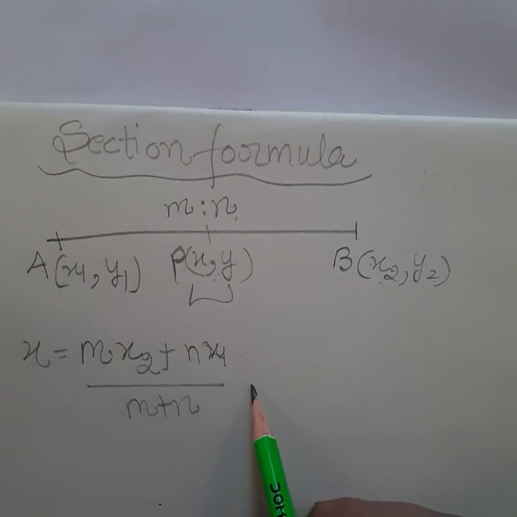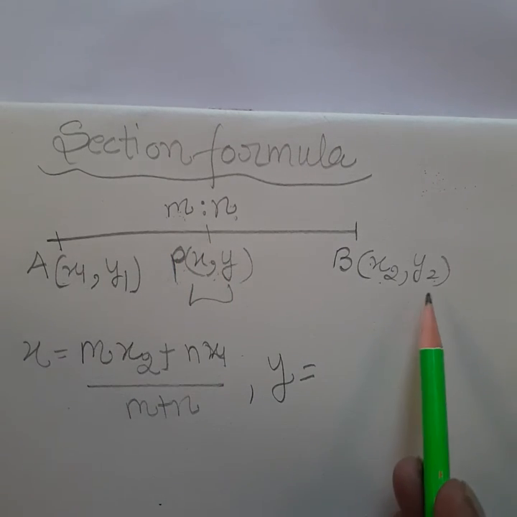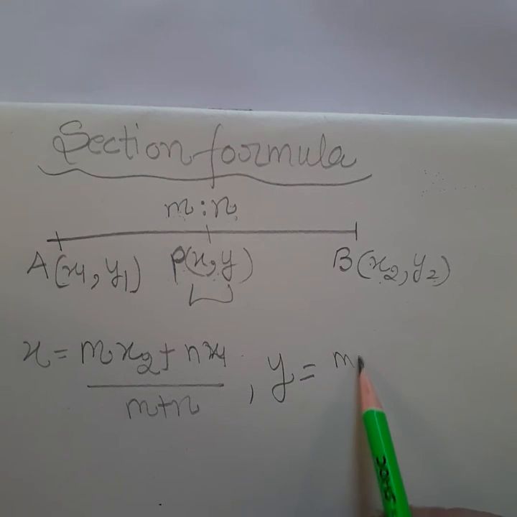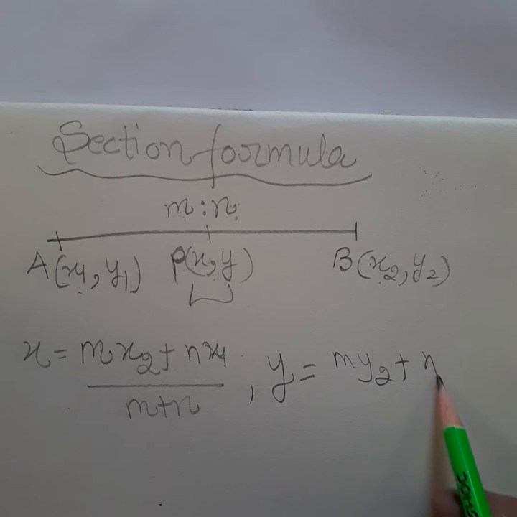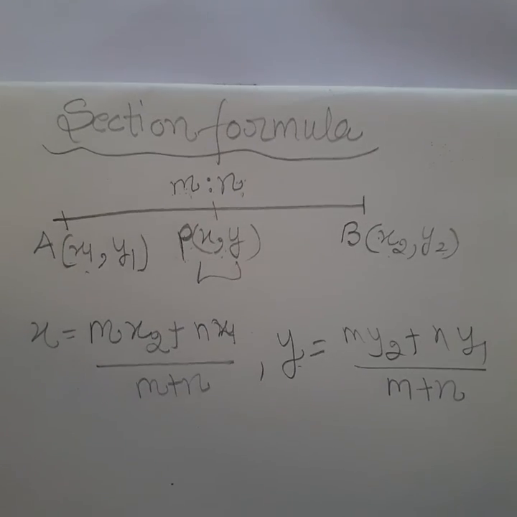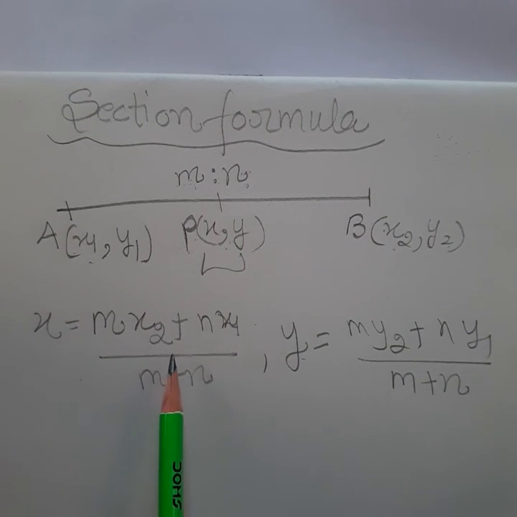And for the point of y we can write here m y2 plus n y1, and we can write here m plus n. Okay, so this is our internal formula of division.